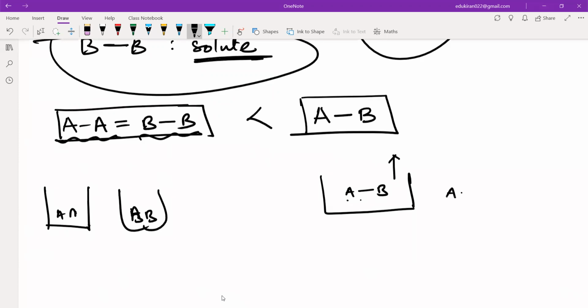Will they evaporate easily or with some difficulty? Will they be sticking together or escaping out?